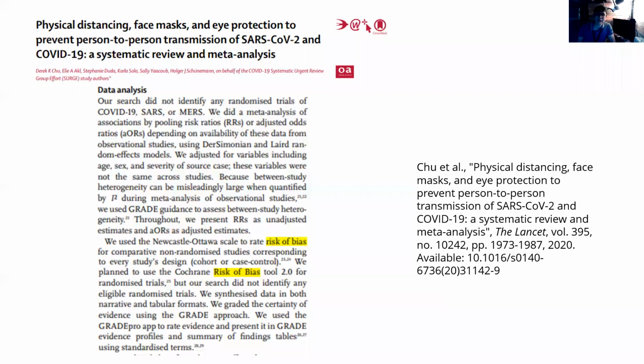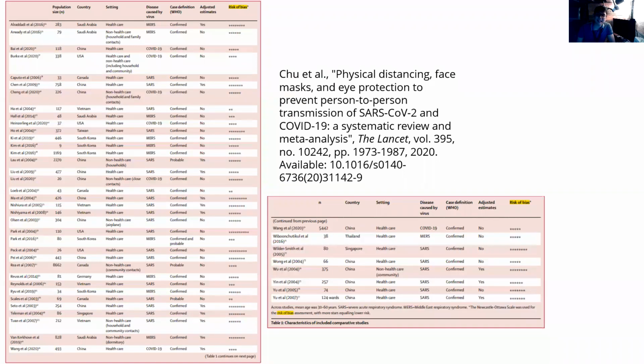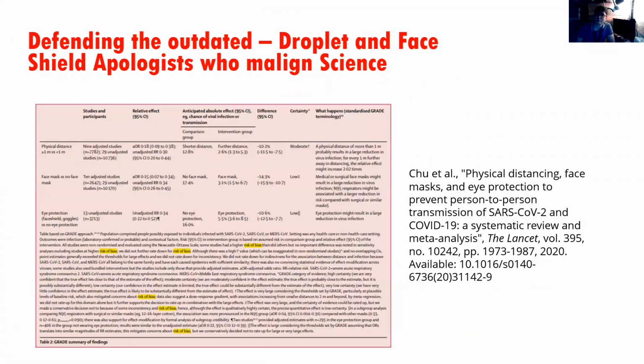The risk of bias is the tendency of other intervening factors or interventions to influence the results. And what they found, using the Newcastle-Ottawa scale and the Cochrane risk of bias, is that the analysis of face shields and most of the studies being quoted in the meta-analysis didn't satisfy the criteria for the risk of bias.